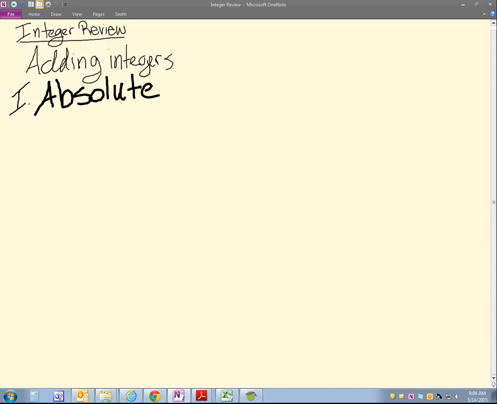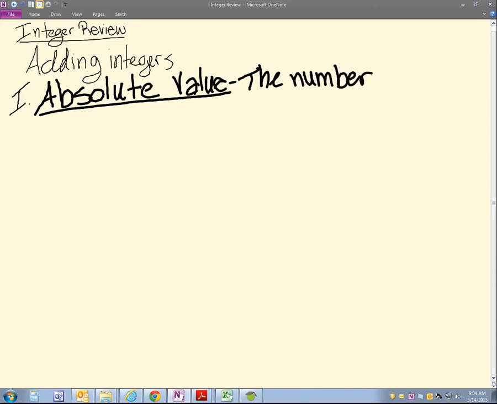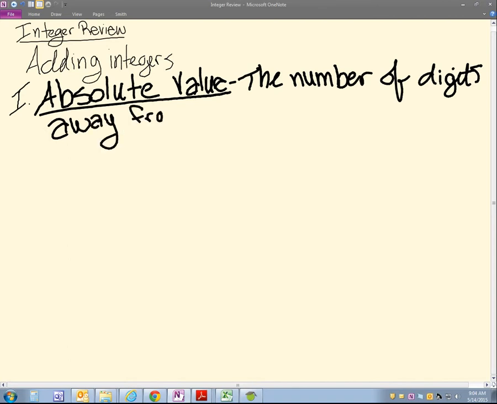That's a Roman numeral 1, which is capital I. The absolute value: the number of digits away from 0.